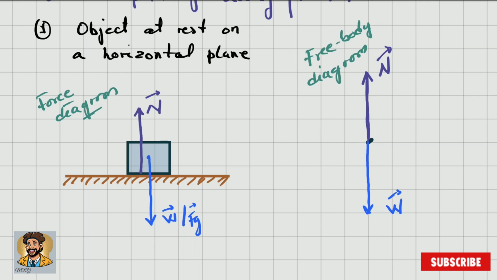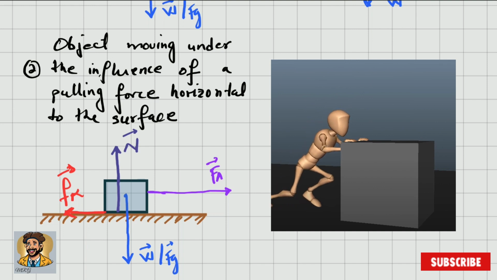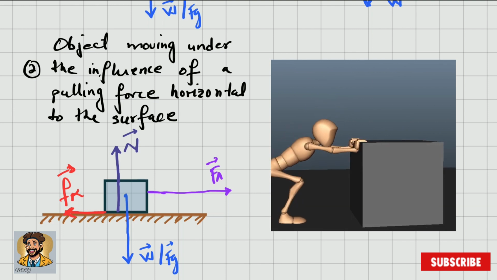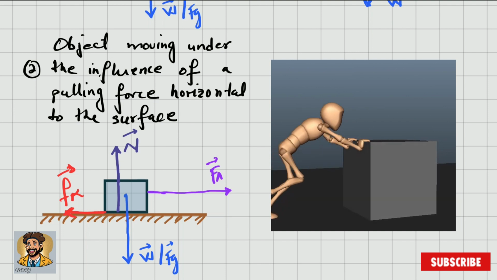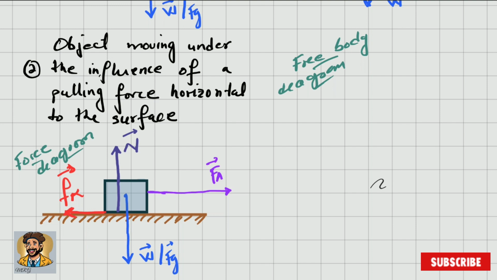Okay, let's see the second scenario, also a scenario we explained previously. In this scenario, the object is moving under the influence of a pulling force horizontal to the surface. So how do we do the free body diagram? This one is the force diagram. Well, we represent the box as a dot, and all the forces will be pointing away from that dot. So the normal force is pointing straight up. This one is the normal force.